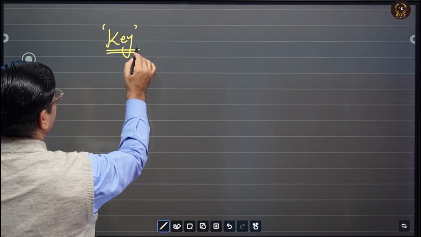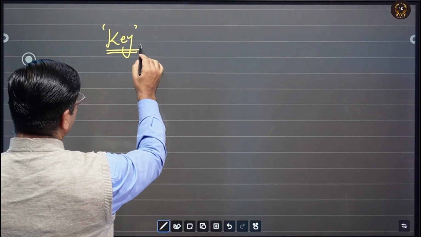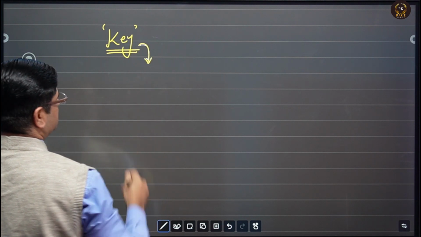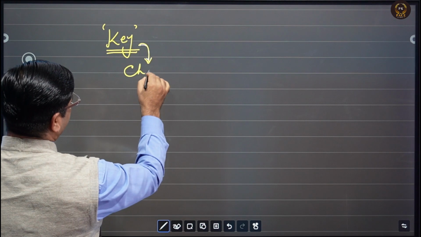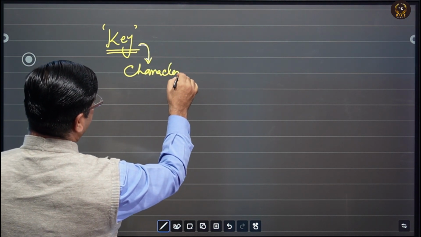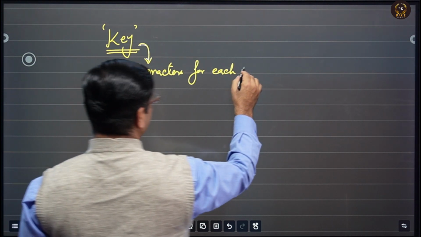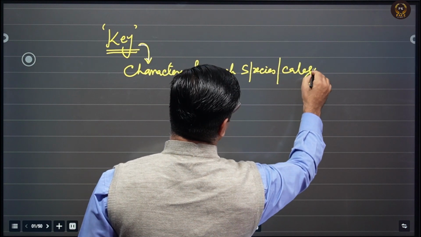if we talk about the key, it's an analytical tool, and the taxonomists choose different criteria, different features, like characters for each species or each category.